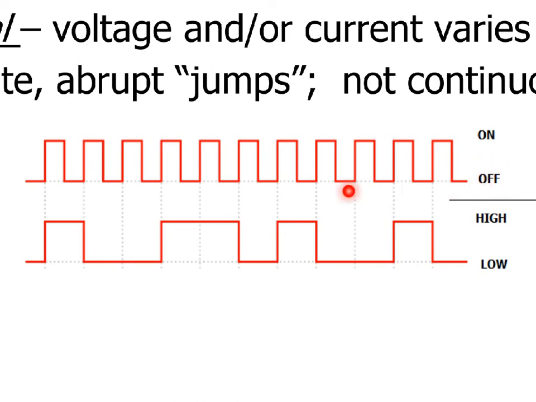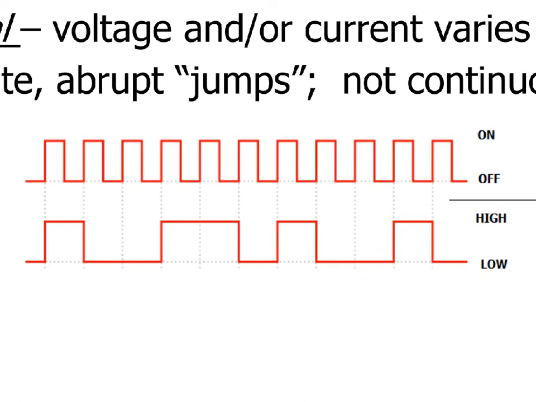So off would be this position, on would be this position of the graph, and these terms are interchangeable. You could say high or on, you could say low or off, you could say 0 or 1. I didn't put those in there, but this would be 0, this would be 1 in your digital binary code. So these are examples of digital signals where for a while it's off and then it's on and then it's off and then it's on.